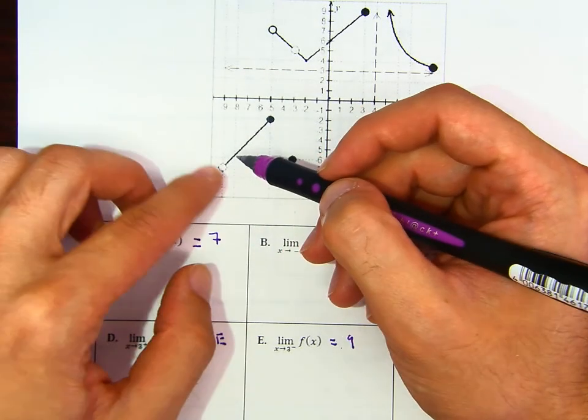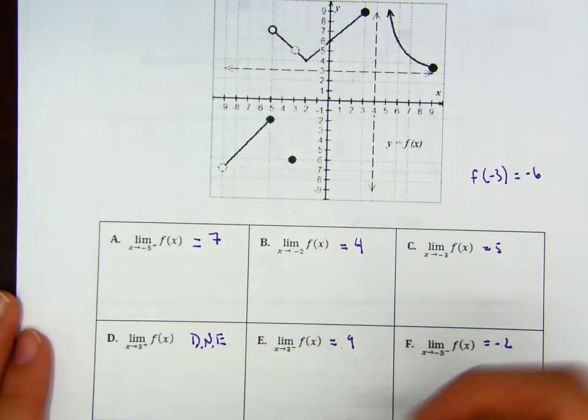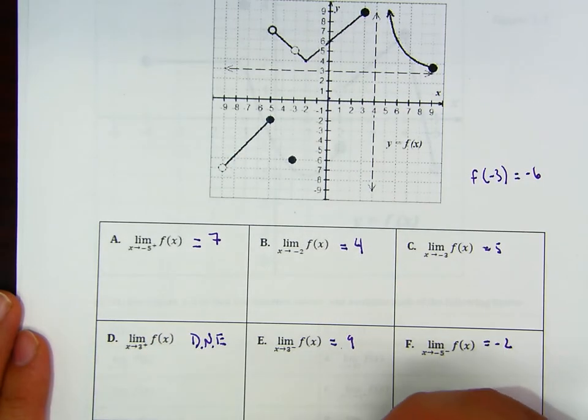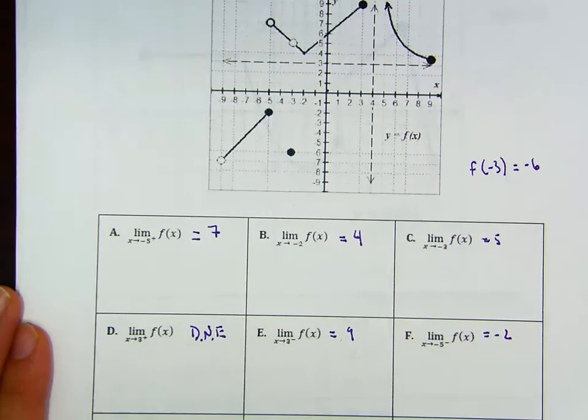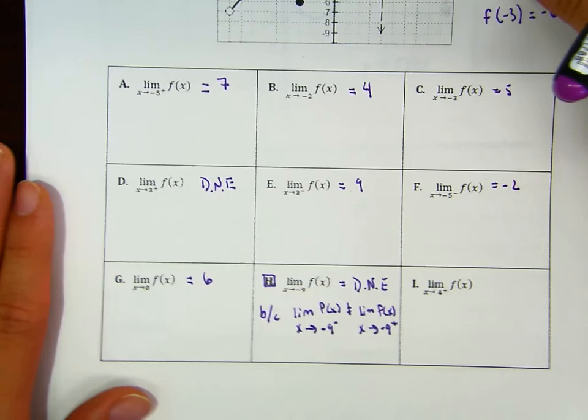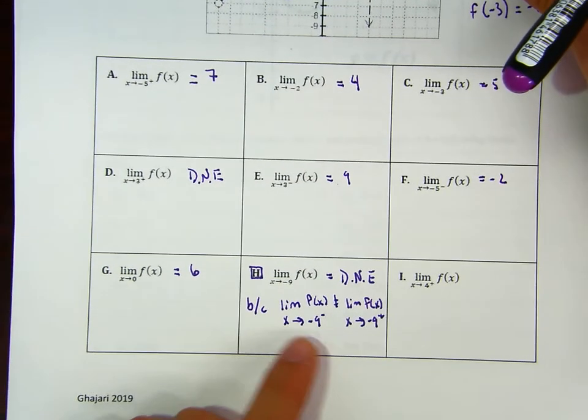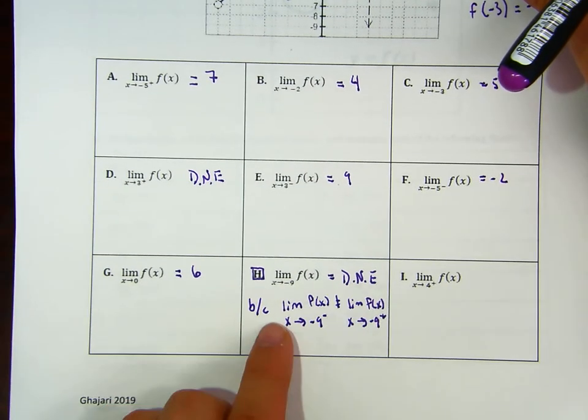So here, it doesn't exist, because the limit as x approaches negative 9 from the left does not equal the limit of f of x as x approaches negative 9 from the right. Oh, my bad. I just realized I didn't show this part. I'm sorry. This is 6, and this is here.